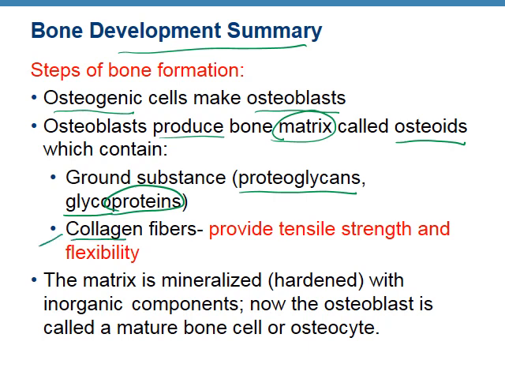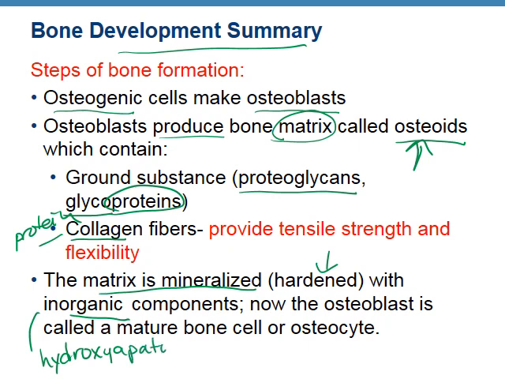They also have collagen fibers. Again, this is a protein. And those collagen fibers are in the secreted matrix. The matrix is then going to be mineralized or hardened with the inorganic component. Remember that inorganic component was that hydroxyapatite. And then we call that mature bone or osteocytes.